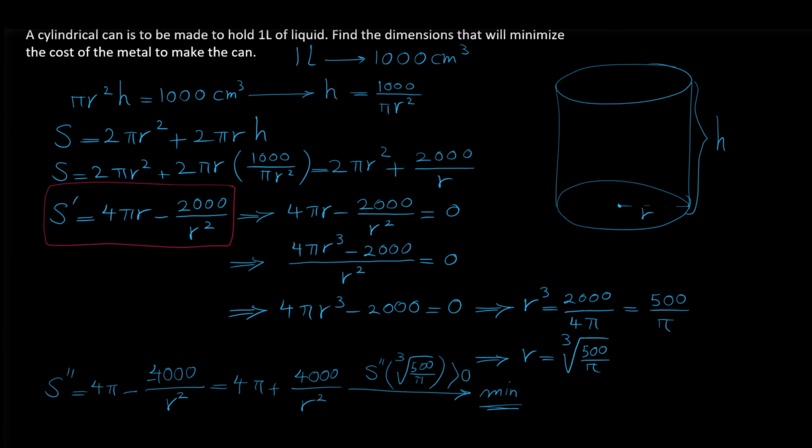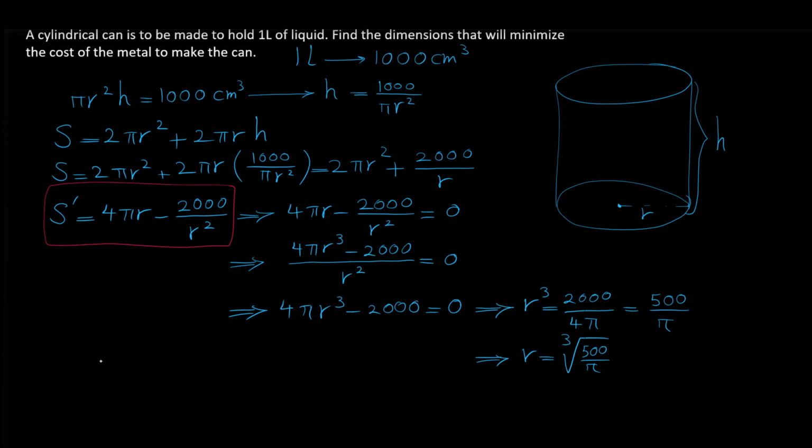Actually, let me show you how you can use the first derivative test to prove that the critical point is the minimum point. Let's draw a number line here. The critical point is the cube root of 500 over pi. If we want to find the sign of s prime for values less than the cube root of 500 over pi, we can use a test point less than this value. For example, 1 is a number that is less than the critical point.